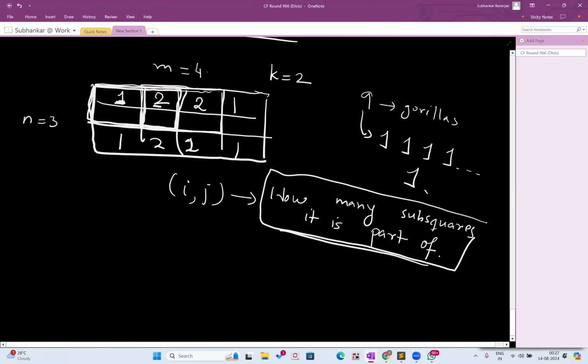And now for the center part, it will be part of 2 subsquares. These will be part of 4 subsquares, and this will be part of 2 subsquares. So basically, I'm finding for each cell how many subsquares it is a part of. Are you getting the approach?